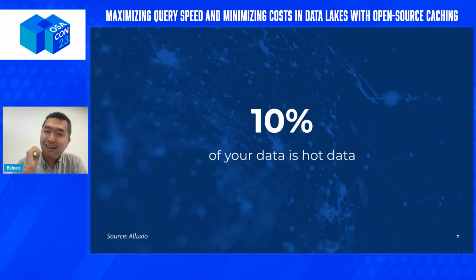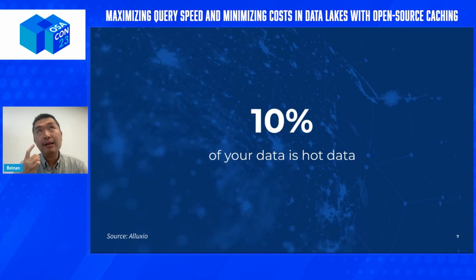Actually, for many companies, especially for the giant internet companies, the percentage of the hot data is much smaller than this number. That's what we observed from Uber. It's already public data. You can see my previous blog or something.